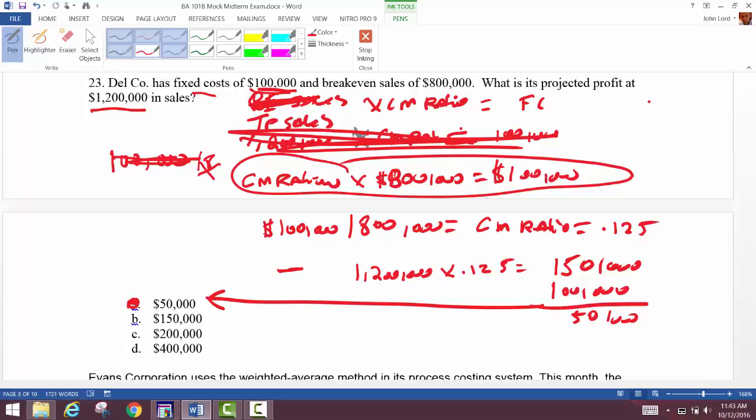So 0.4 is my contribution margin ratio, meaning 40 cents of every dollar that I sell goes towards first my fixed cost, and then if I had a profit, that would be in there too. So 0.4 times break-even sales: if I have $1 million of sales, that'll equal $400,000.